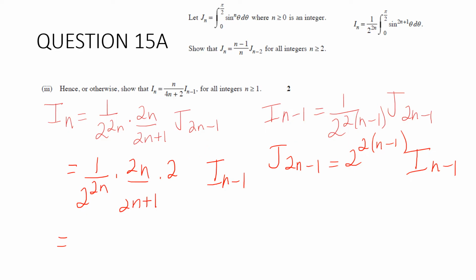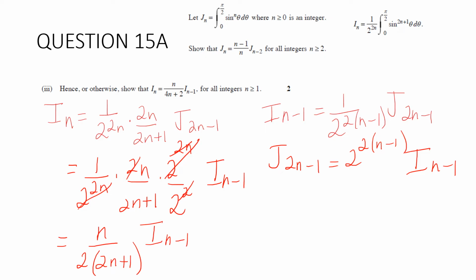What have we got? That's 2 to the 2n divided by 2 squared. So that cancels out. And we're going to end up with, well, one of those cancels out as well. N over 2 lots of 2n plus 1 multiplied by I n minus 1, which is correct.